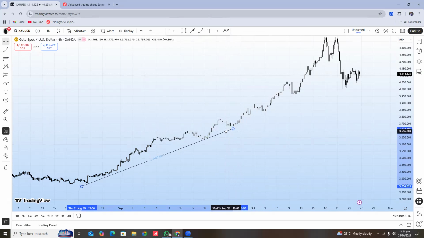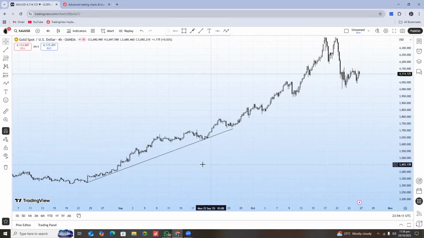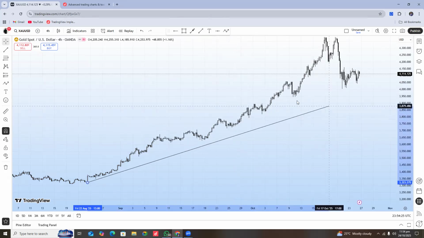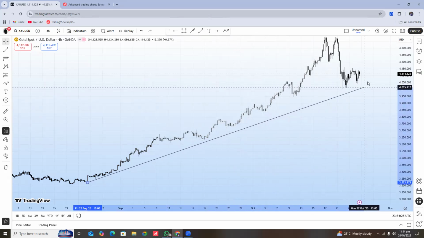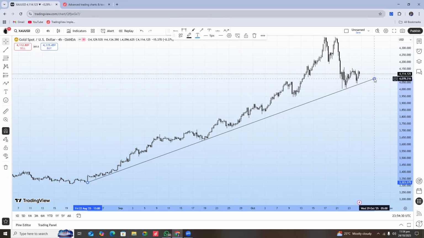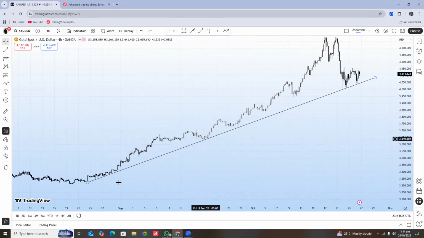Then I'll adjust this one. Yes, good. I mentioned that you can use two points. You need just two points. So I use this higher low and then this higher low. Then what you need to do is to extend this. Look at what I'm doing. I'm going to extend it, making sure that it still touches this level. So I have my one, two here.